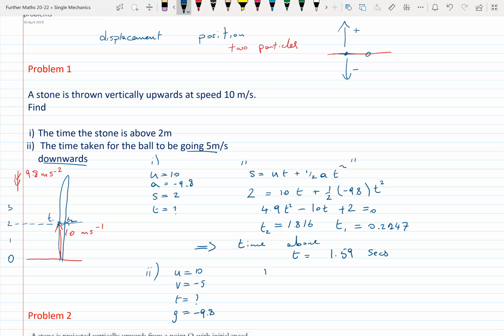So the appropriate SUVAT in this case is v equals u plus at. You have minus 5 equals 10 minus 9.8t. So we can say 9.8t equals 15, so t is equal to 15 divided by 9.8.